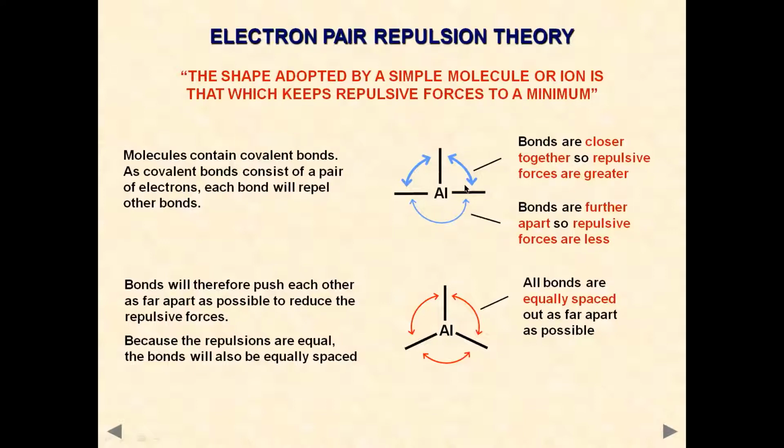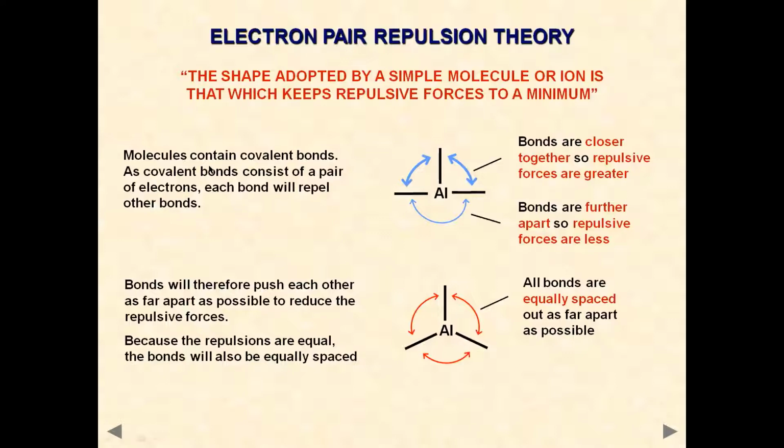What does that mean? That the bonds are made up of electrons, and there are repulsions between the bonds. So the shape of the molecule is going to be in such a way as to maximize the distance between the bonds to minimize the repulsion, basically.